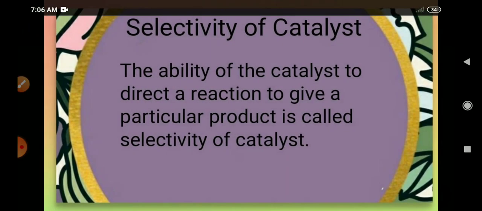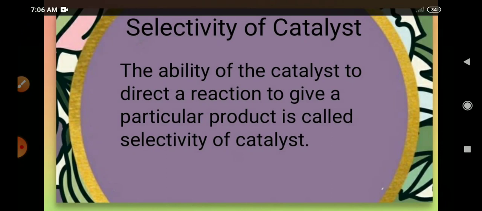So selectivity of a catalyst is the ability of a catalyst to direct a reaction to a particular product. That means a particular catalyst gives a particular product with a particular reaction. That is called selectivity of a catalyst, that means selecting a particular product by the catalyst.